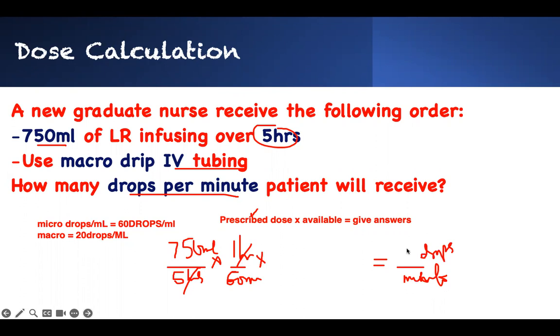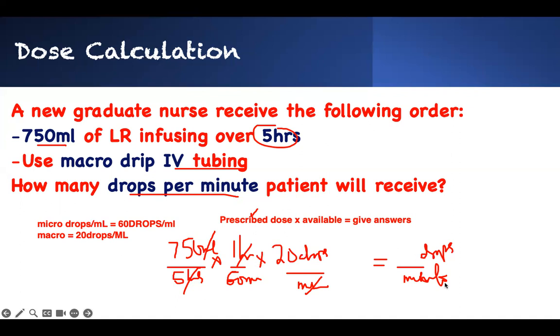I need to have drops on top, so 20 drops per ml. That's what I give you. ml cancels ml. So I'm left with 750 times 20 drops over 5 times 60 minutes. That should give you drops per minute. That's your answer right there.